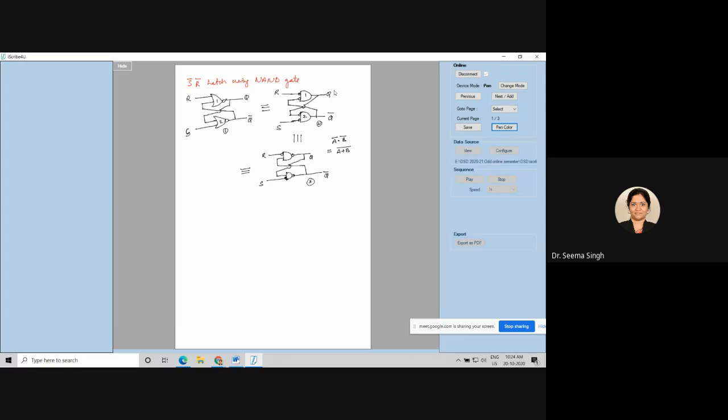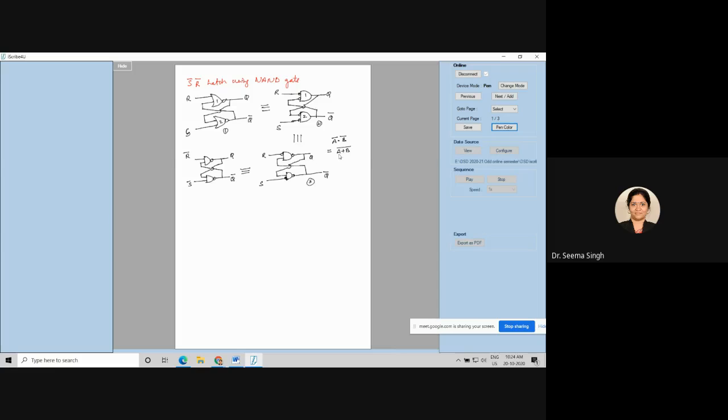Now circuit number 3. Again I am not doing any change, but R is complemented and put here, S is complemented and put here. Instead of putting that complement bubble, I will put it as R bar. Can I do that? Instead of the bubble, I have written R as R bar, and I did not do any change.